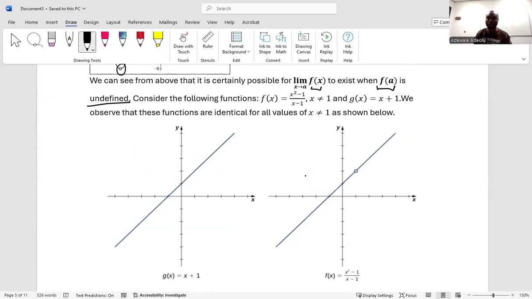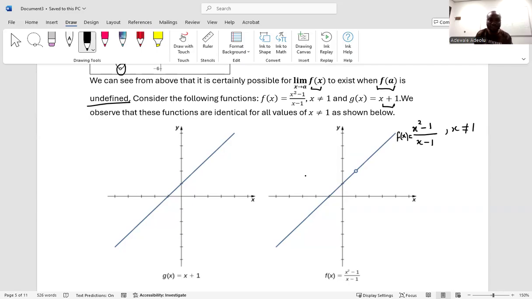Consider the following function: f of x equals x squared minus 1 divided by x minus 1. Our x is not equal to 1, because if it is 1, then that function is undefined at that point. Consider another function g of x, which is x plus 1.